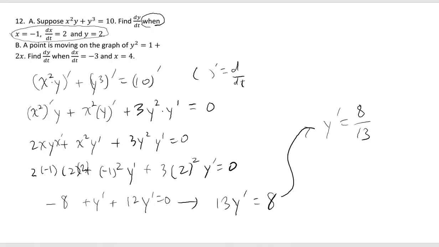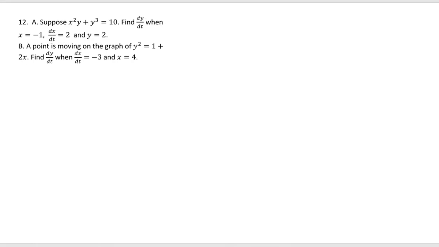Question B is very similar. We have y squared equals 1 plus 2x. Differentiate both sides: 2y, y prime. Remember, we're differentiating by t, so when you differentiate x, you also need x prime.